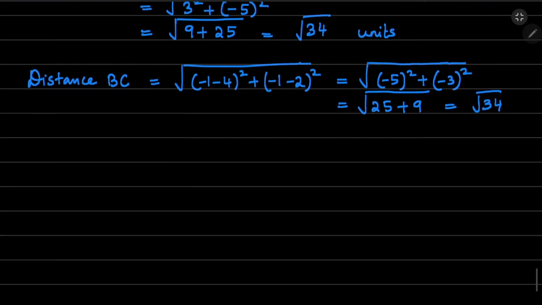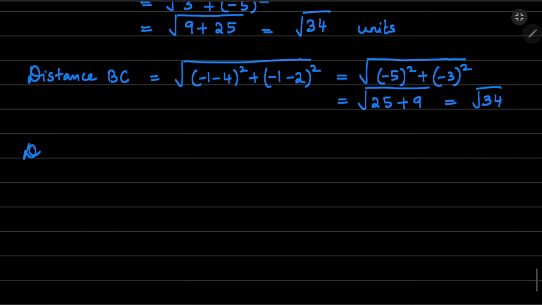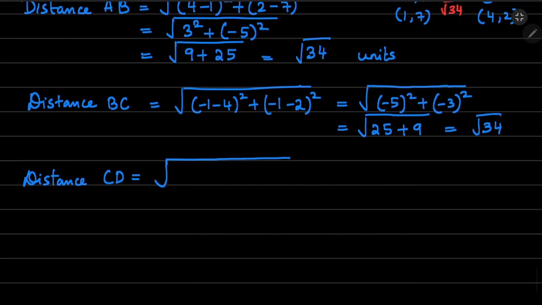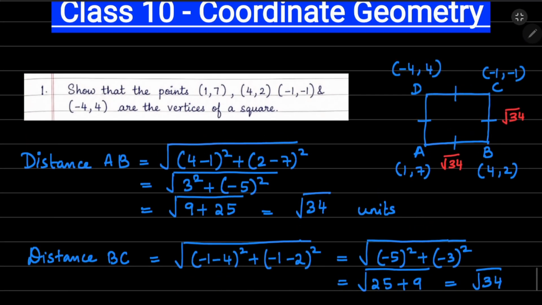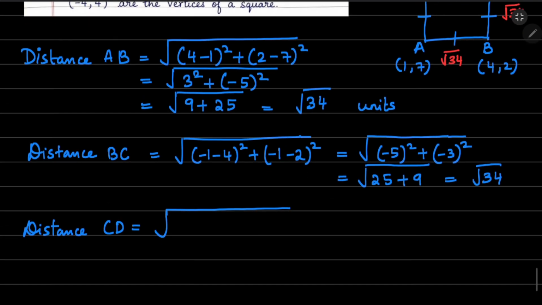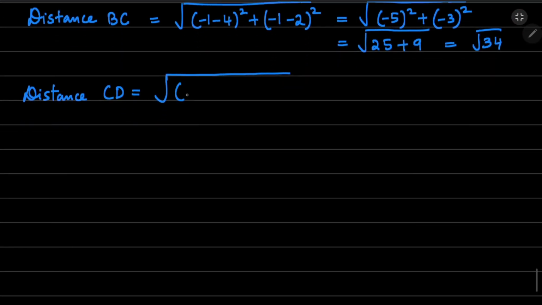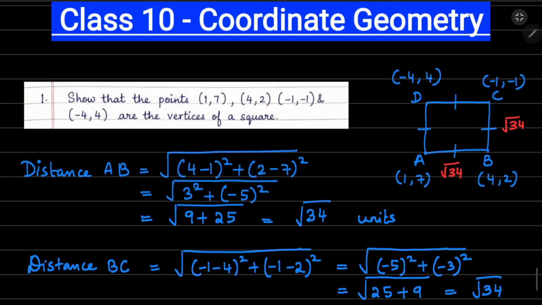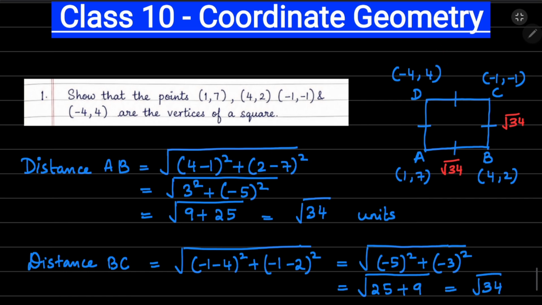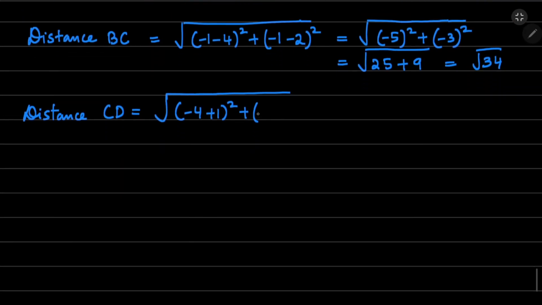So let's consider C and D. Distance CD is equal to square root of, again, x2 minus x1. So minus 4 minus of minus 1, which is minus 4 plus 1, the whole square, plus again y2 minus y1, that is 4 minus of minus 1, that is 4 plus 1 the whole square.